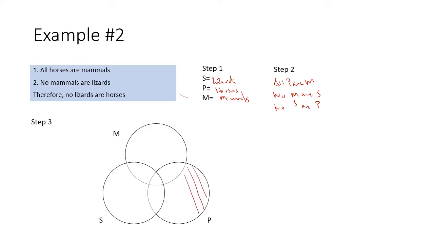There's nothing outside of the M circle that has any members. So this crescent shape area would be empty. So that's premise one. Premise two is no M are S, so that means there's nothing that is both an M and an S, and so the overlap between M and S is empty, and that's what that looks like.